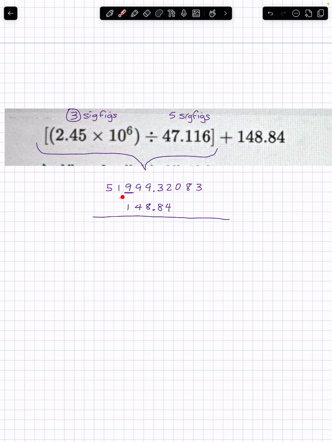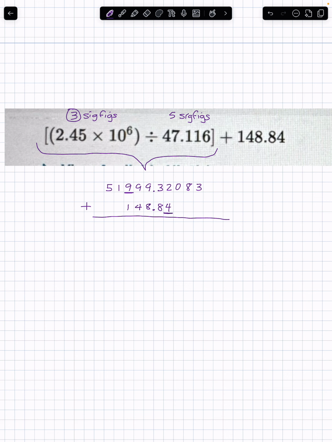Because this number is really big, the uncertain digit is to the left of the decimal point. So saying number of decimal places doesn't really help us out. What we want to do here is identify the uncertain digit in each of these things, and then do the addition.